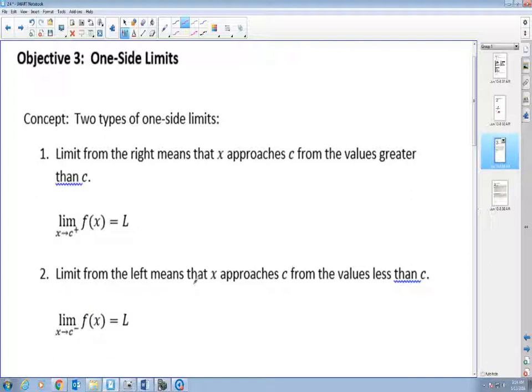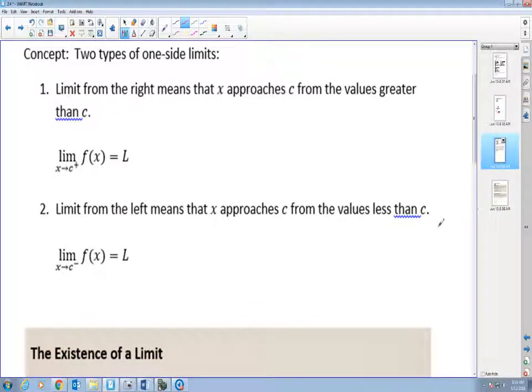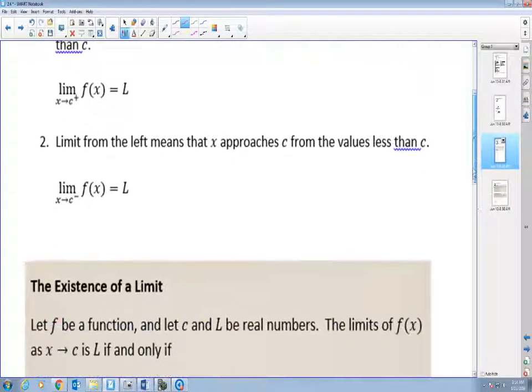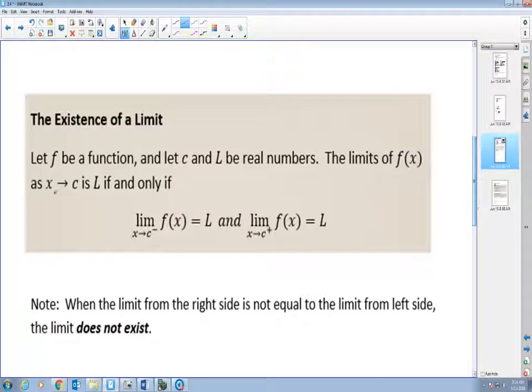Limit from the left means x approaches c from values less than c, that will be from the left side. So we say it this way: the limit of the function as x approaches c from the left is also equal to L. So for the existence of a limit, let f be a function and let c and L be real numbers.